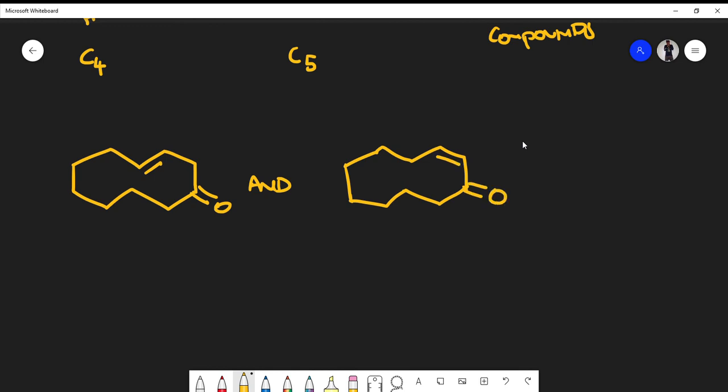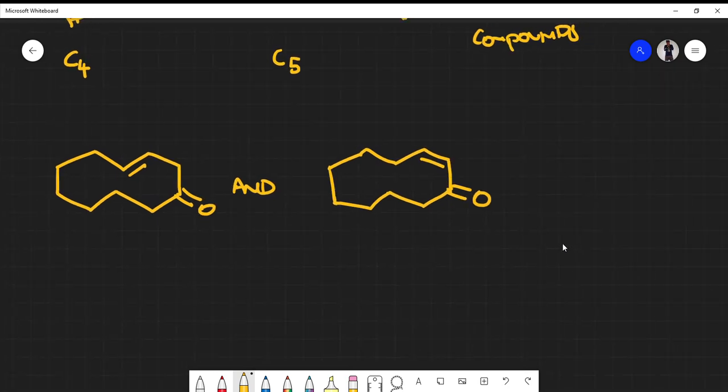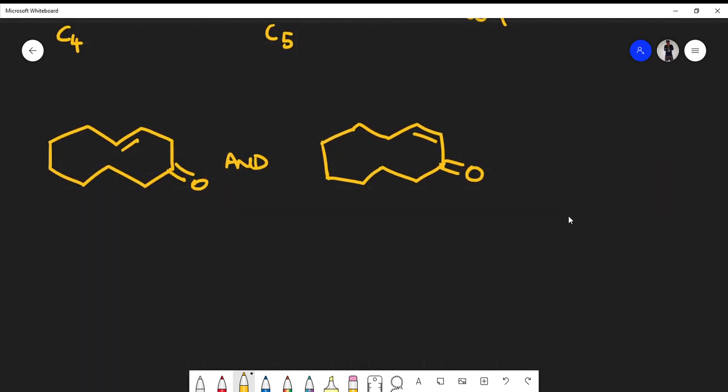How would you differentiate between the two? Well, the first thing I like to do is get my molecular formula. And in fact, you could see that these are actually the same molecular formula.